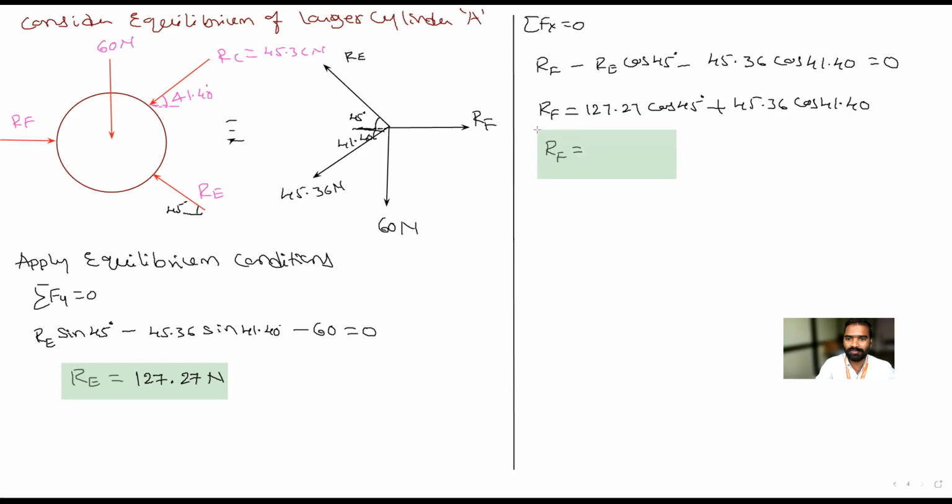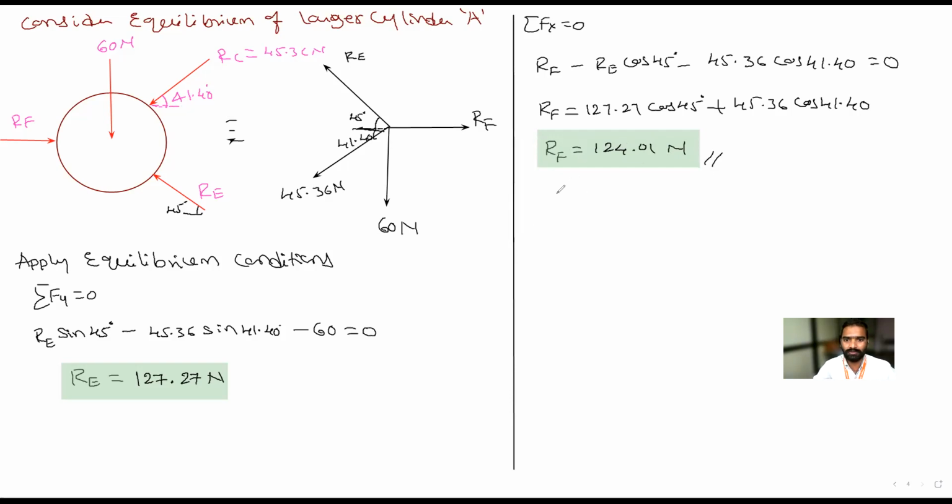Okay, small mistake. 124.0, yes, correct. 124 is the correct answer. I got 124.01. Okay, no problem. I want 124 as the correct answer.